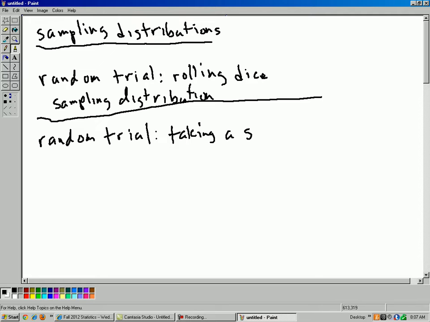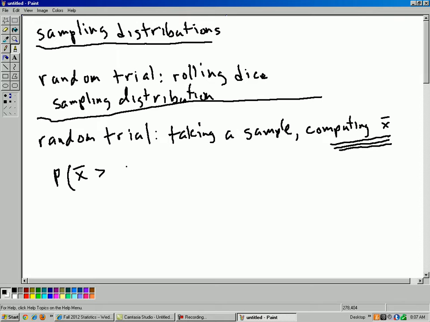So taking a sample and then computing x bar, that's our random trial, and that is random. Whatever you get for x bar is different every time. And so we want to answer questions like, what's the probability that a particular x bar from a sample is going to be greater than, say, 5 milligrams? How do you figure that out?